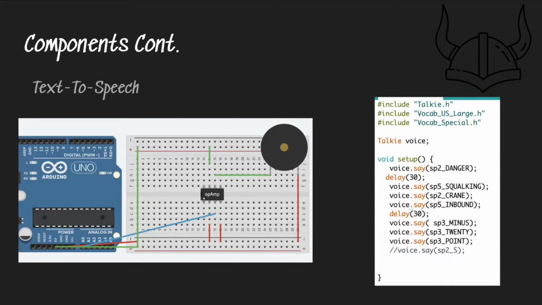On the right is the code for this specific text-to-speech software. It includes a talkie library along with a US vocabulary and then an additional special vocabulary. And through these commands, it says danger, squawking crane inbound, -20 points.